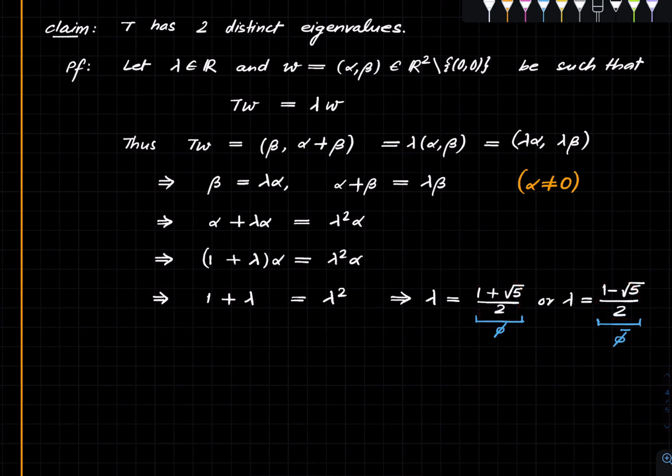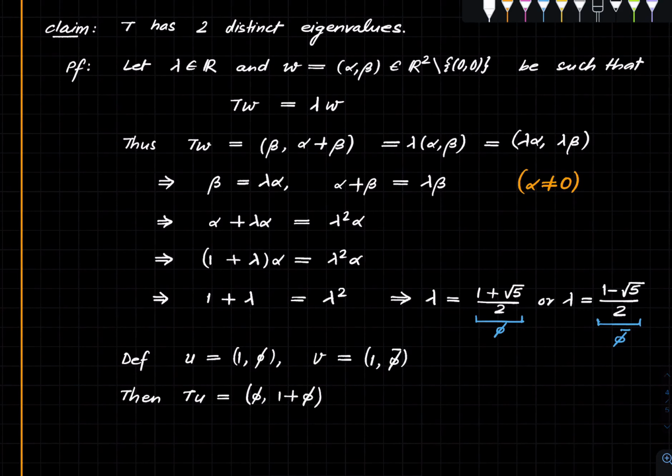So one can check that if we define U as (1, phi) and V as (1, phi bar), then what is TU? TU is (phi, 1 plus phi), right?